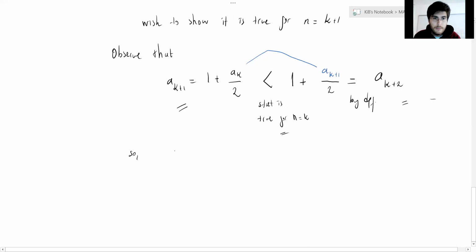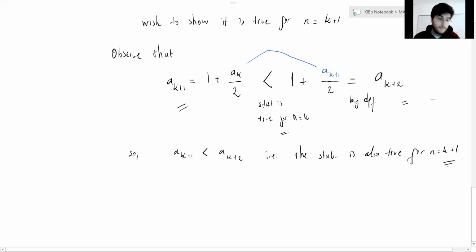So it means that a_{k+1} is less than a_{k+2}. What does it mean? I.e., the statement is also true for the next step, for n equals k plus 1, right?